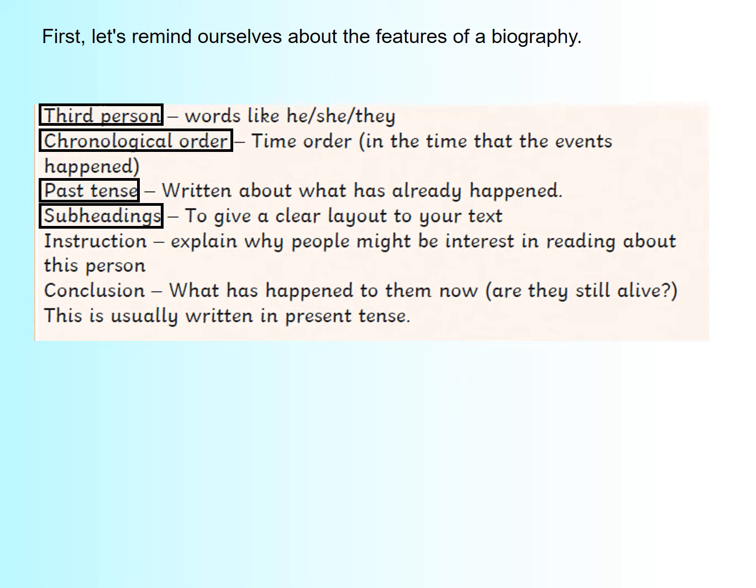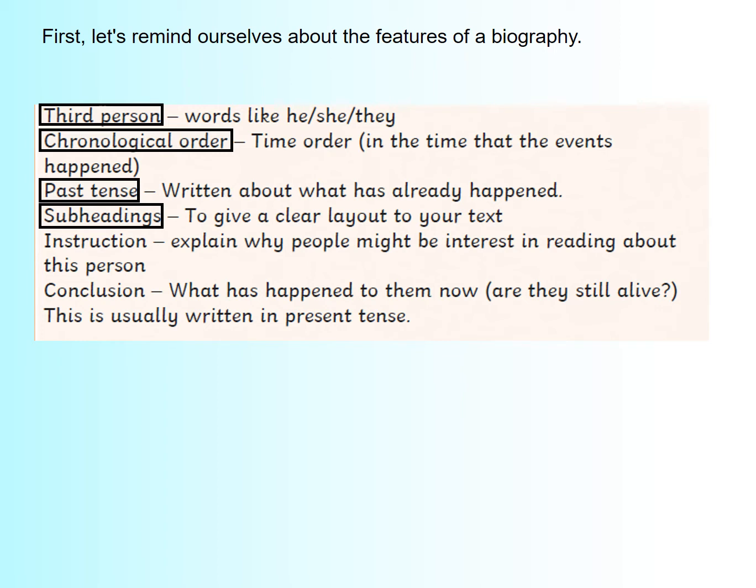Okay, so first of all, we've got third person there. Obviously, as it says there, that's words like he, she, and they. These are pronouns when you're describing the person who you're talking about. Okay. Chronological order, as we know by now in year 4, is the time order in which events happened.